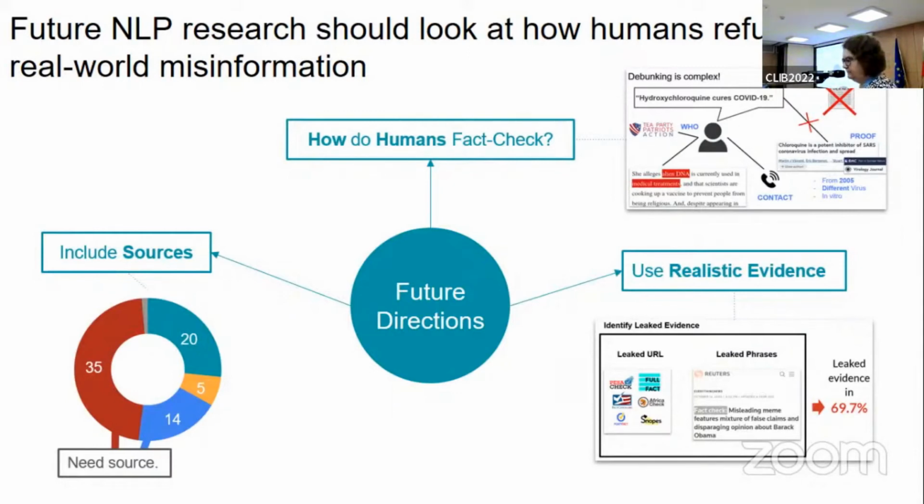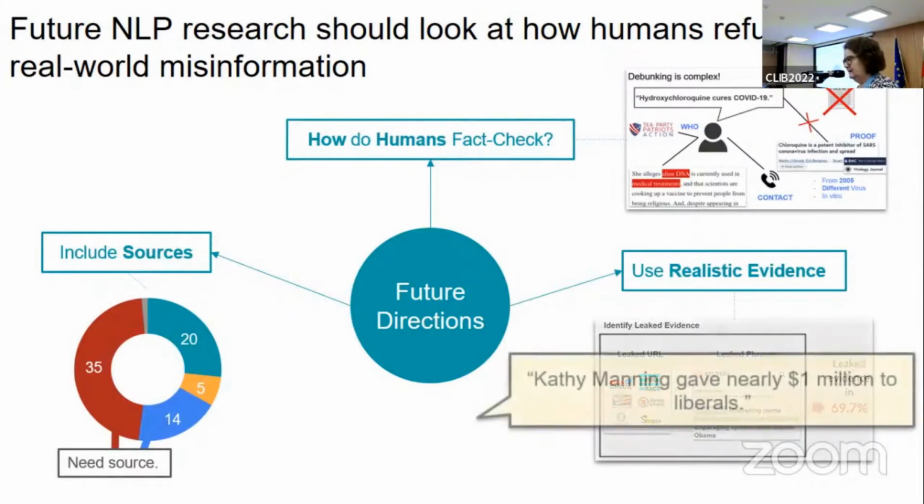For one of the popular data sets, as you see, 70% was leaked evidence. So that's completely far off from any real life scenario. And we do need evidence, and we need reasoning over multiple pieces of evidence to be able to debunk realistic claims, like the example I've given, that somebody has given nearly 1 million to liberals.